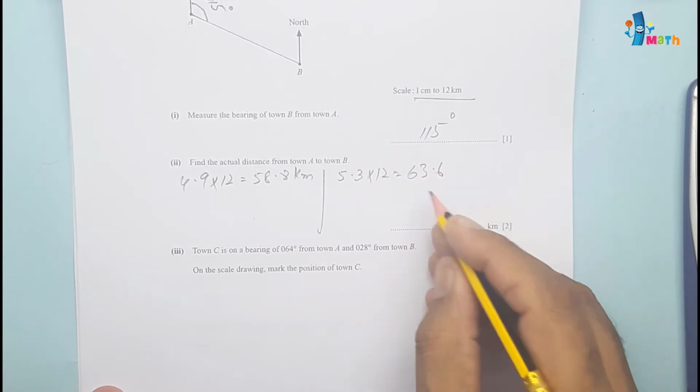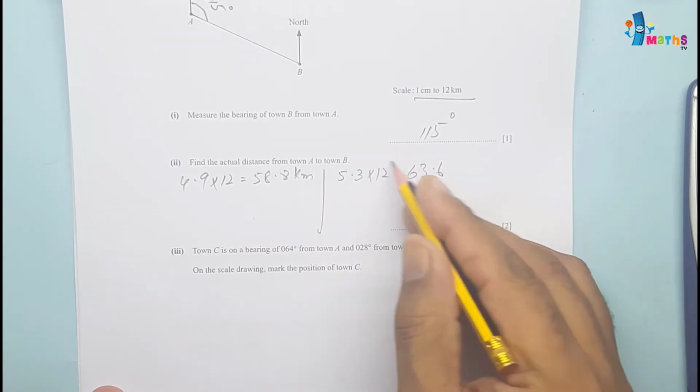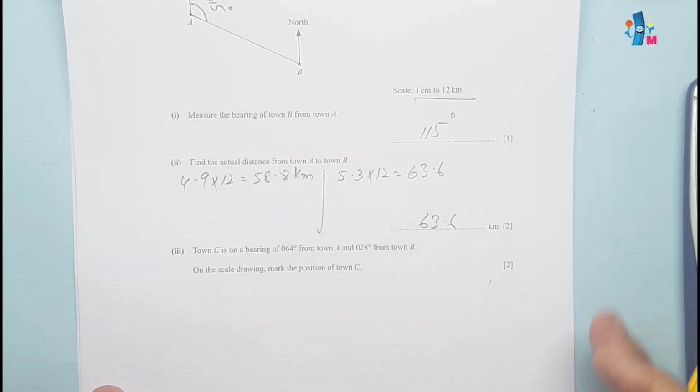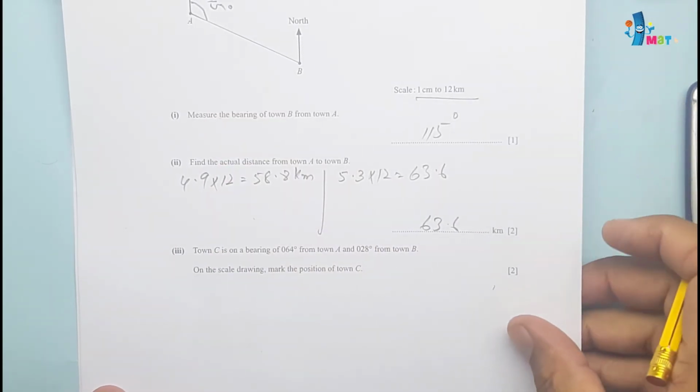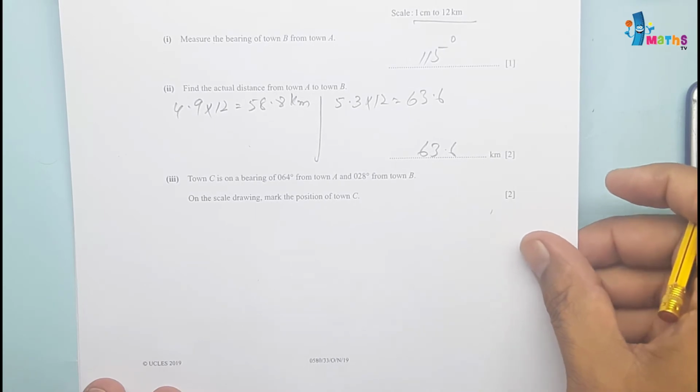So this is the marking scheme calculation, and this one is the calculation for this drawing which we are currently having. So I have explained both.